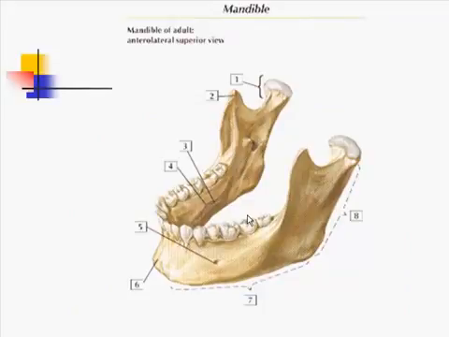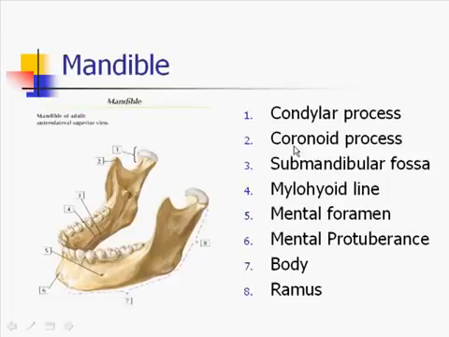Okay, if you take a look here, it gets a little confusing with 3 and 4 at exactly what they're looking for. But take a look at, here's the lingula, here's the mandibular foramen, the mandibular canal. So if you said this is the condyle, you're correct.